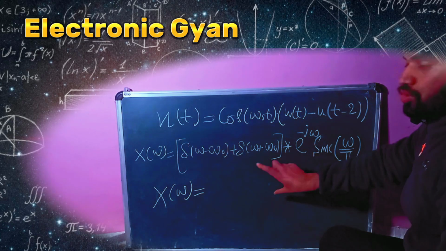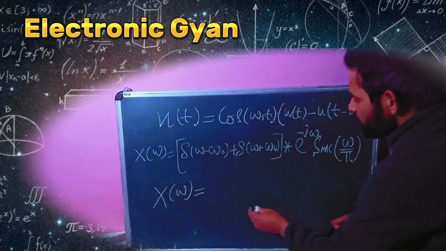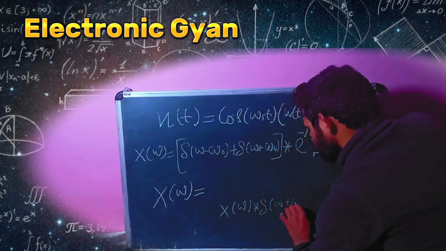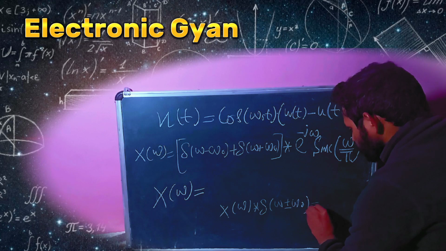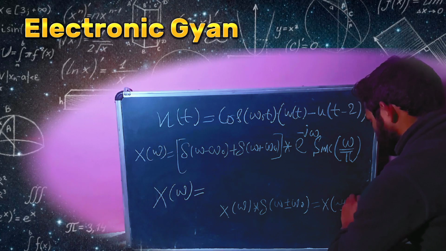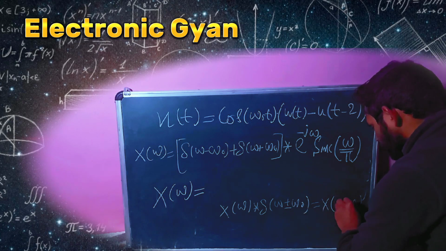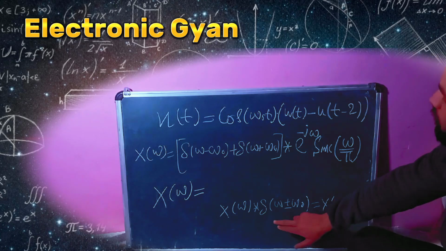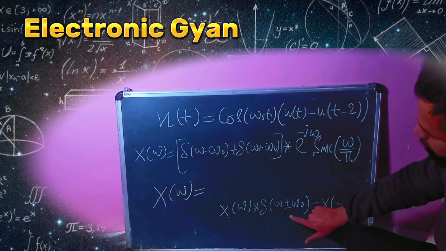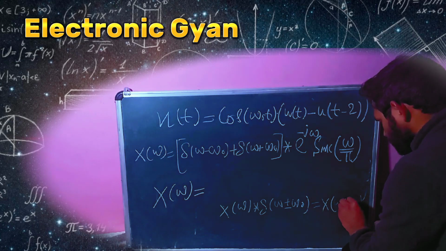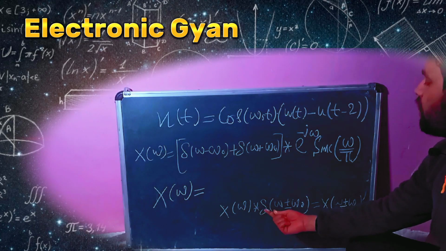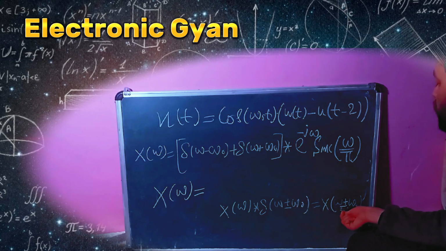By applying the convolution property: X of omega convolved with delta of omega plus or minus omega naught is equal to X of omega plus or minus omega naught. This is the convolution property in the frequency domain.